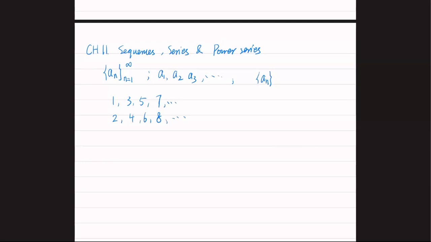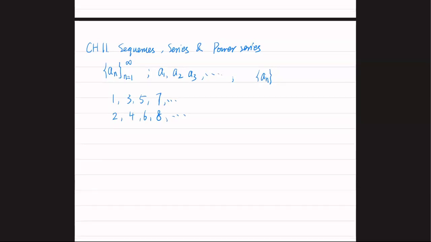Sophia, third sequence. 7, 10, 13, 16. Elisa, give me another one. 3, 4, 5, 6. Okay.